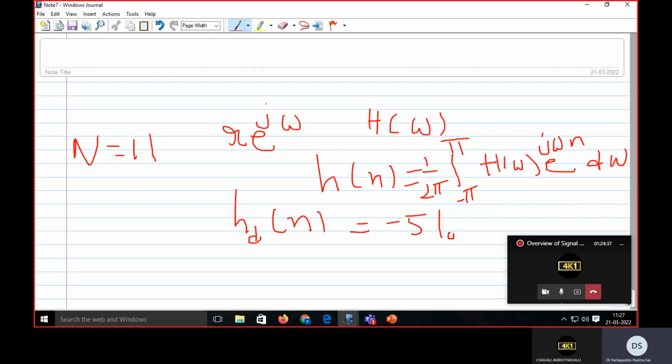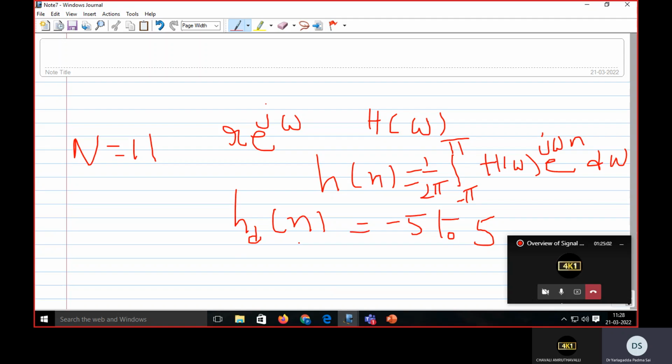You open any book, you see this. Abruptly you are truncating. After getting your hd(n), you are calculating H of z, and from that you are writing the frequency response. Okay, this is the procedure. Because of abrupt truncation, you will get oscillations in your frequency response.